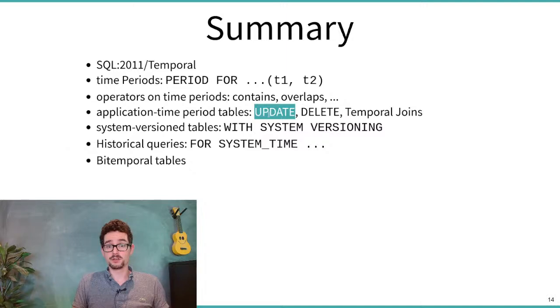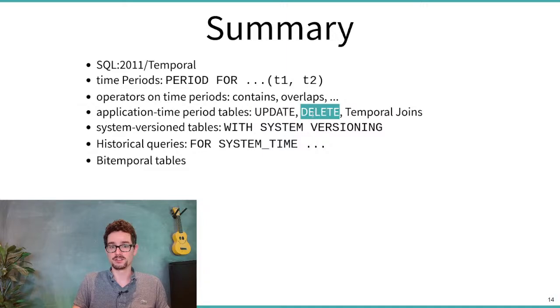With system version tables, you cannot change something in the past. You cannot change something in the future. You can only change the current state, and this is tracked. And you cannot delete something in the past. In application time, you can delete something over an arbitrary time interval. We saw foreign key relationships on application time period tables and how to make temporal joins.